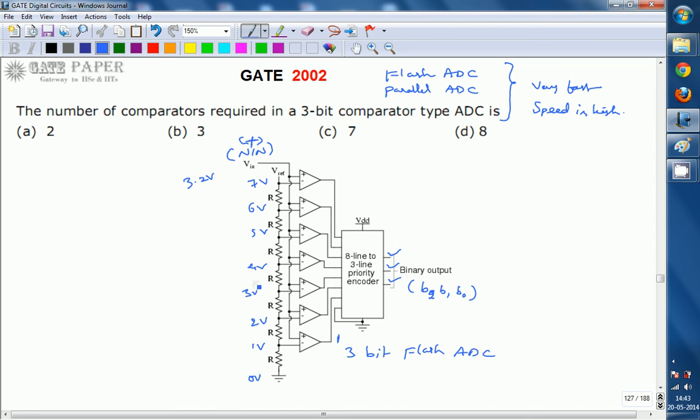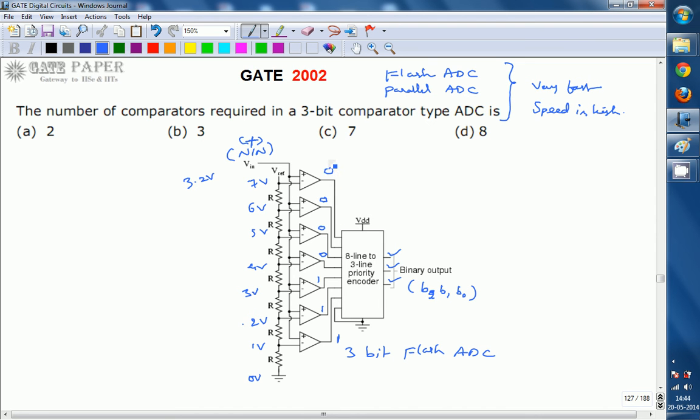Likewise 3.2 is greater than 2 and greater than 3, so you get 1 again. But 4 is greater than 3.2, so from there onwards the inverting terminal dominates.